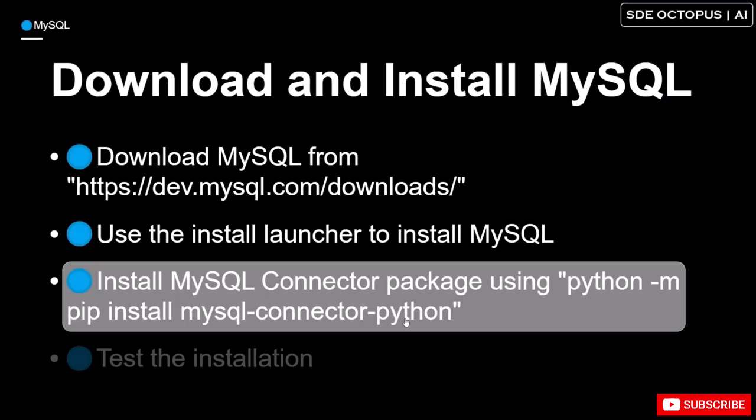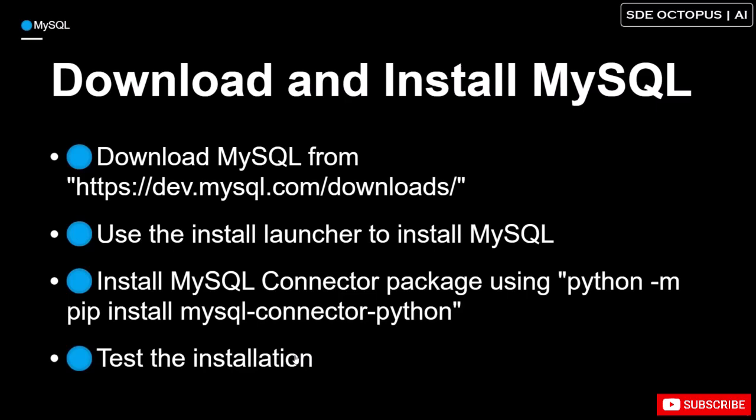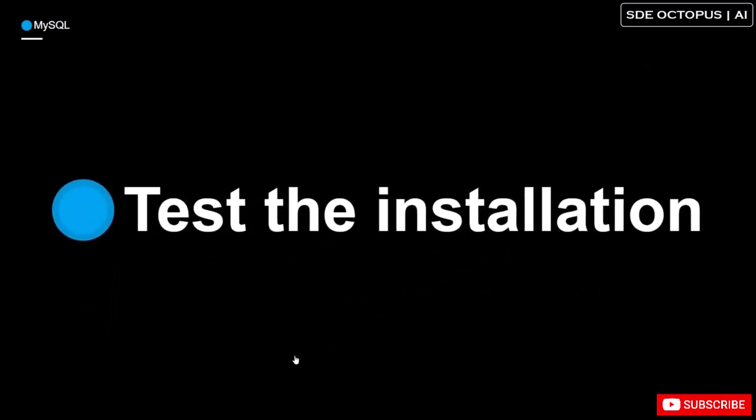We will use the pip package manager to install the MySQL connector to use MySQL in Python easily without any errors. And after installing it, we are going to test the installation by using the import statement to import the MySQL connector. Let me show you that in action.